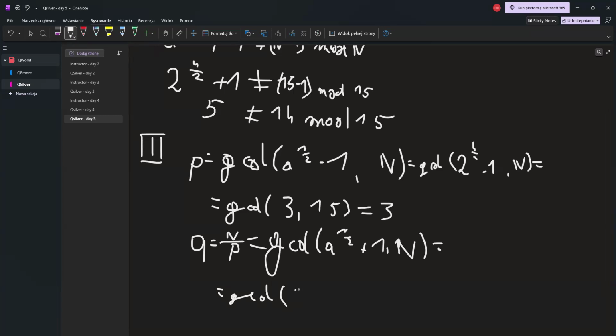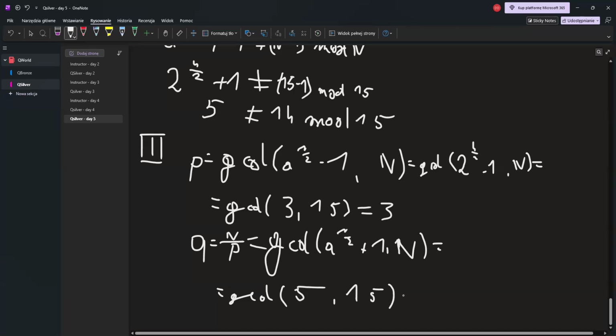Here we have p, yes, we calculated it here, because this is the same expression. And 15, which is of course equal to 5. Yes, we know the words are so 15 divided by 3.